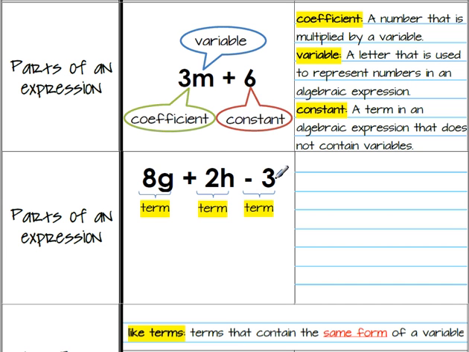And our minus 3, we can also consider that as a negative 3, is a term. So when we're combining like terms, we're looking to see if any of these are alike, and then if we can combine them. So we'll notice that terms are separated by addition and subtraction.